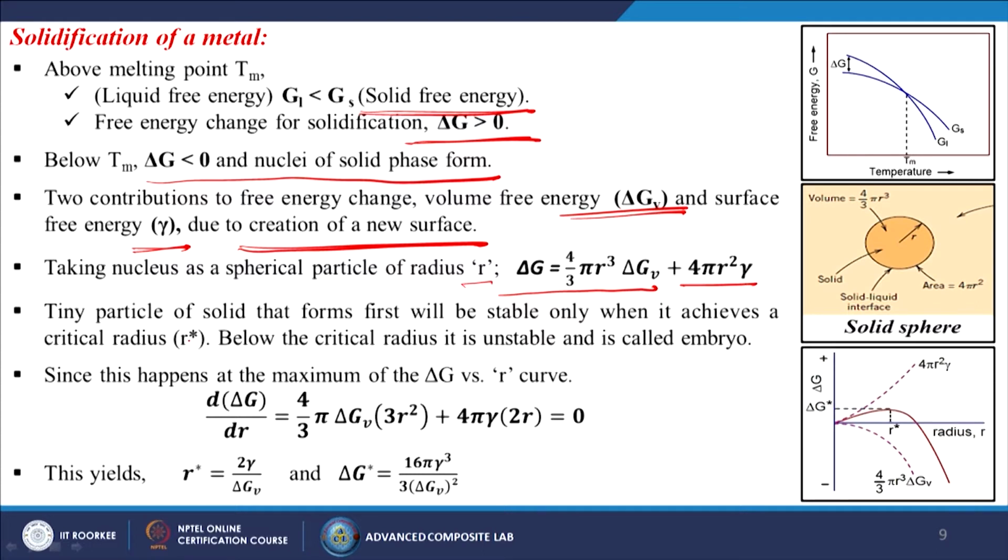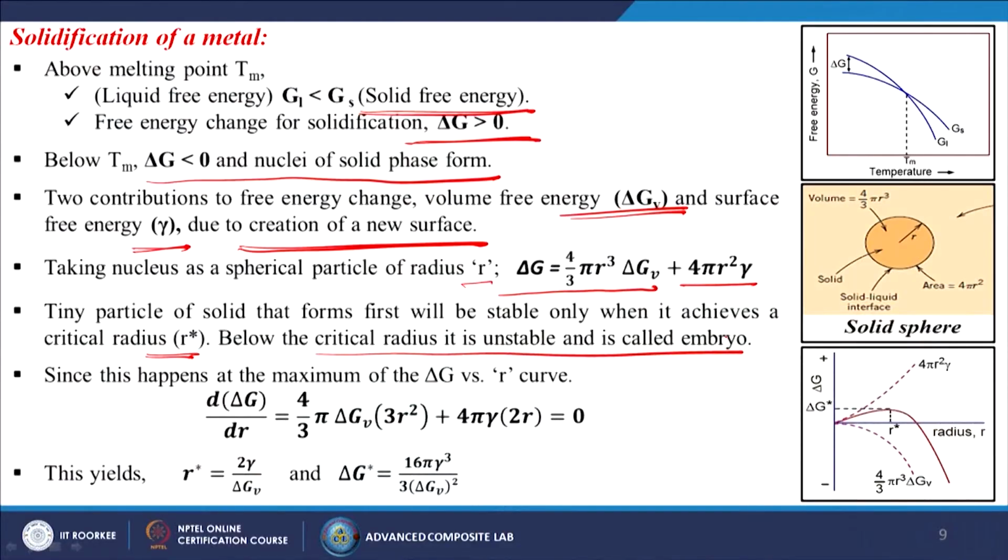A tiny particle of solid that forms first will be stable only when it achieves a critical radius r prime. Below the critical radius it is unstable and it is called the embryo. That means it has started and then this radius is not stable. After a certain time it will achieve the stable radius, or maybe the stable shape or size.